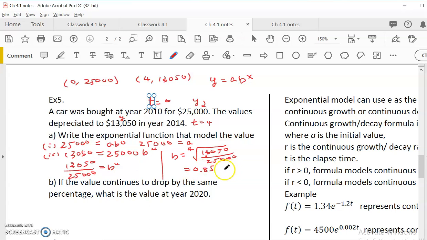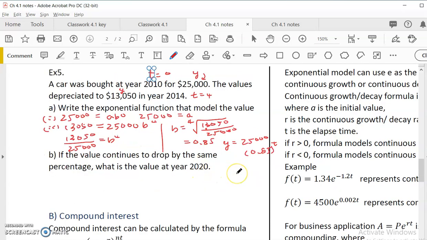So the model would be y is equal to 25,000 times 0.85 to the power t, okay? If the value continues to drop by the same percentage, what percentage does it drop? It dropped 15%, right? 1 minus 0.15 is 0.85. The factor is 0.85. The rate of drop is 15%.